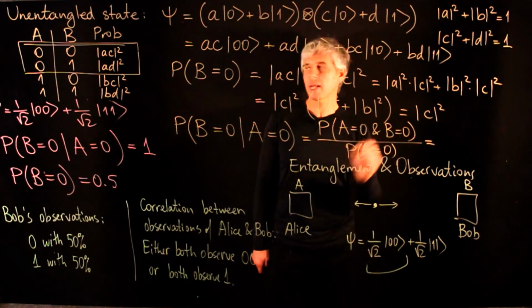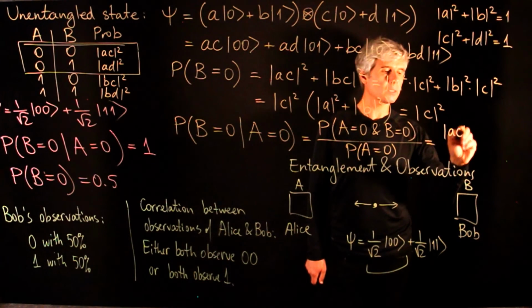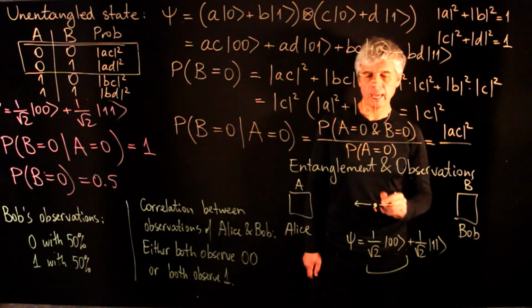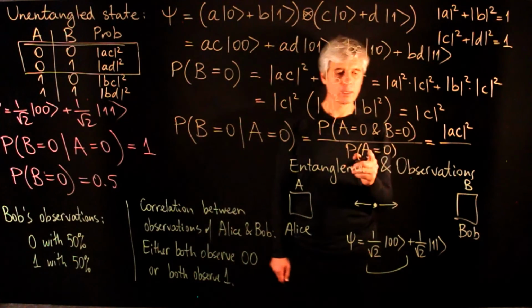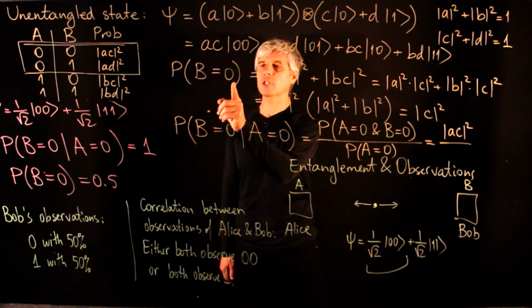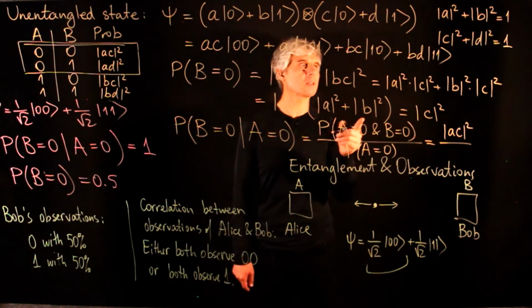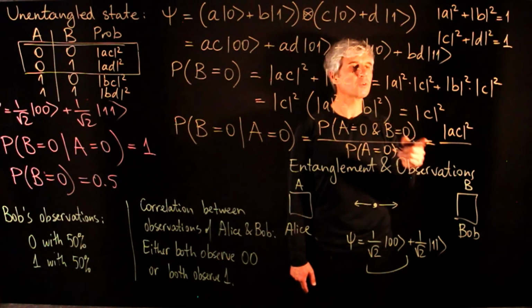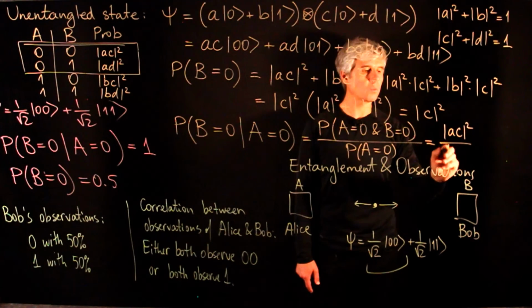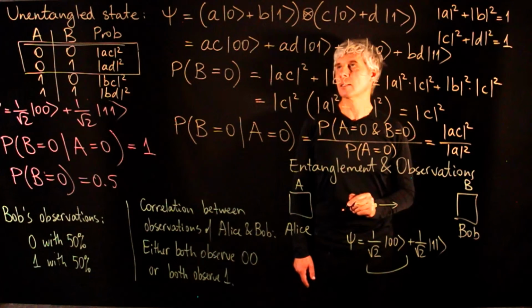Now, the numerator here is equal to norm of AC squared, and the denominator, right? So we have done this calculation for Bob, but for symmetry, it's clear that if we do the same calculation for Alice, then what we get is norm of A squared, right?